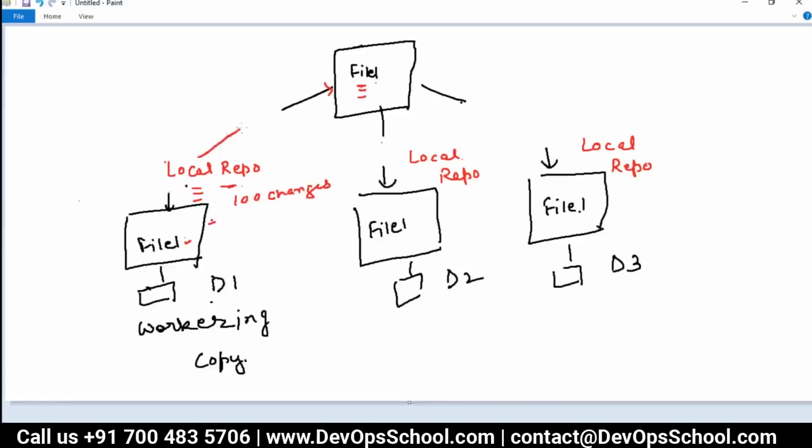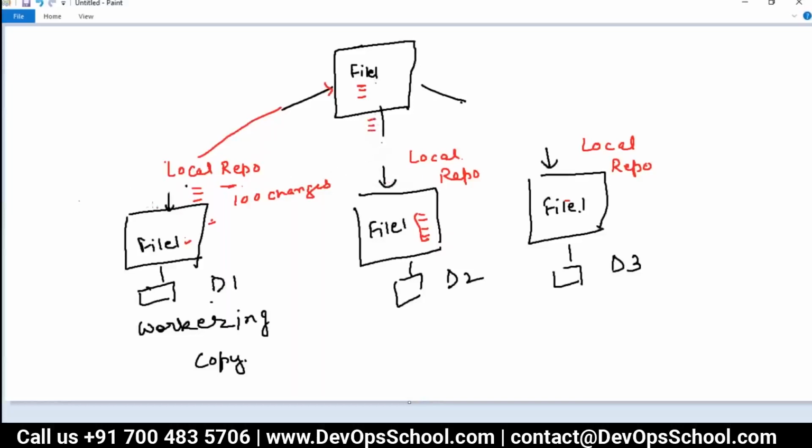Then he will push that code to the central repository. In the same way, developers 1, 2 and 3 store the data on the local repository first, and once they feel everything is fine, they push that code to the central repository.